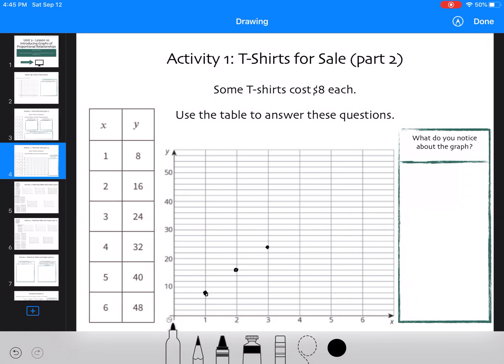This is hard. 5 is 40. That should be an easier one. And then 6 is 48. So what do you notice? Makes a straight line.